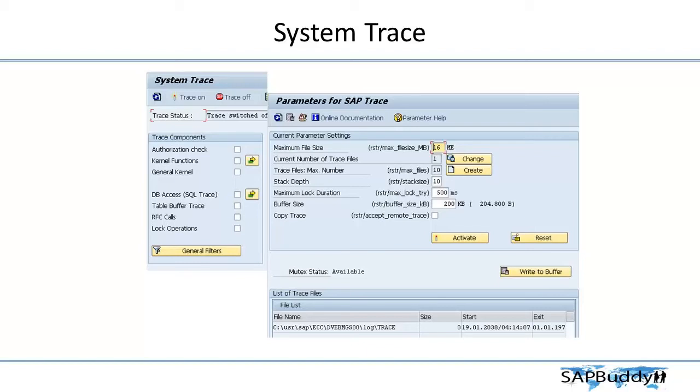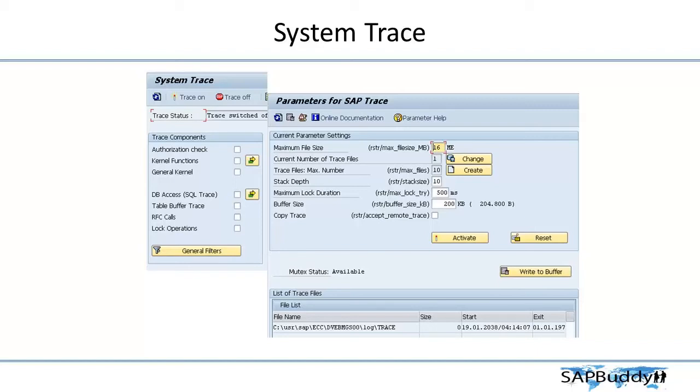This is also quite useful, and you can see what is getting buffered in the table. The RFC call trace is very important, because what remote function call is being executed in the system can be traced from this transaction.